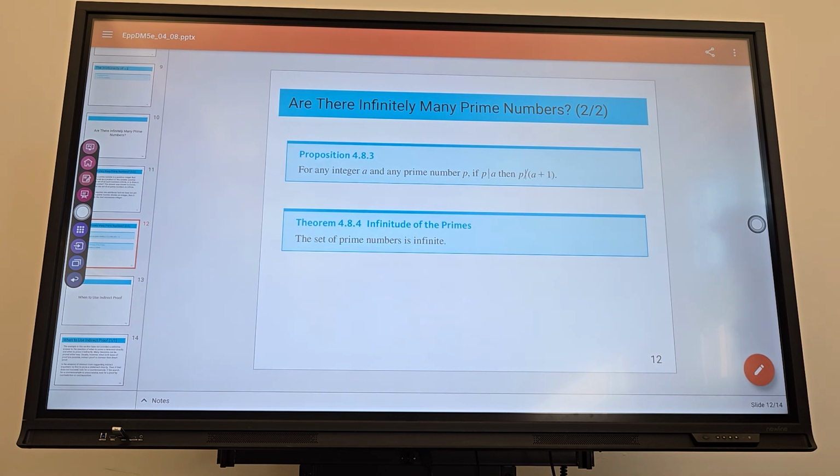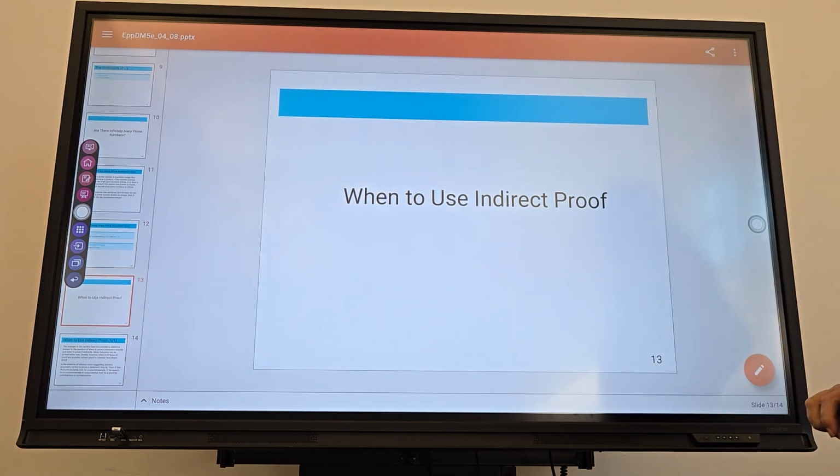And from there you can derive that the set of prime numbers is infinite.